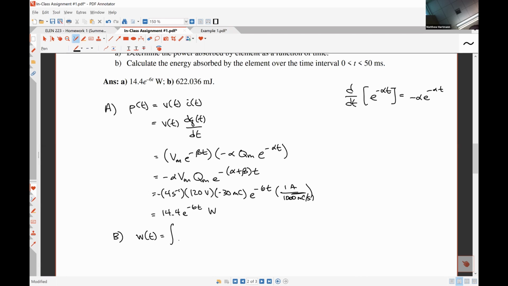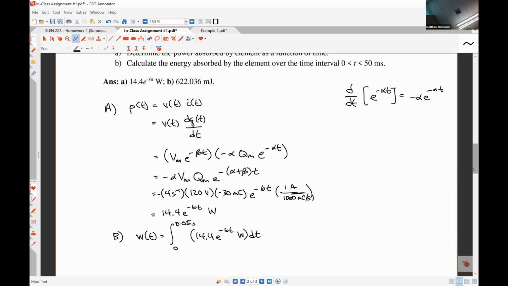So we're going to integrate from 0 to 0.05 because we need things to be in seconds. We're assuming here that t is a measure of time in seconds. So that would be the integral of 14.4 e to the minus 6t watts with respect to time.